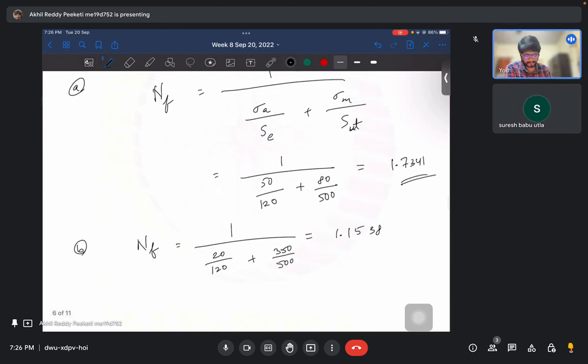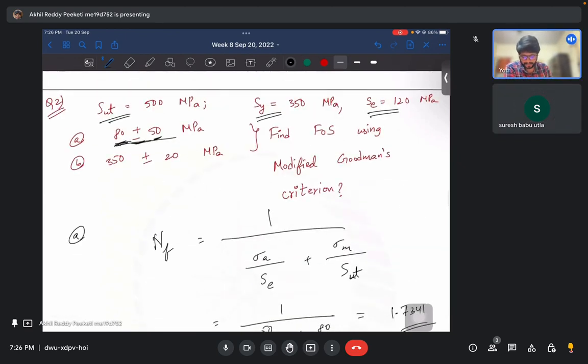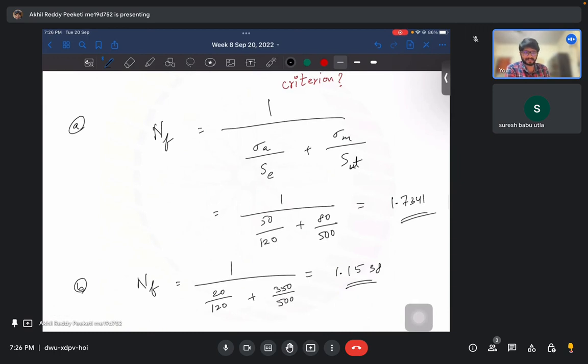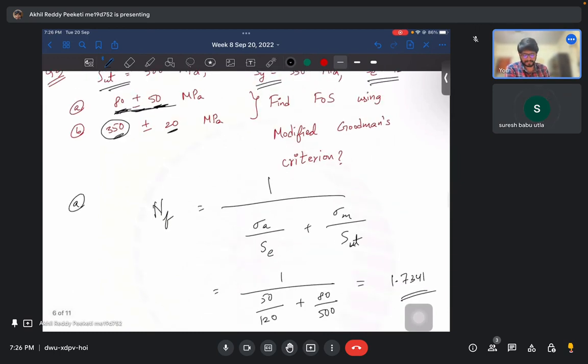So if you see these two, in case 1 to case 2, amplitude stress is actually less. But because mean has increased so much, the factor of safety has reduced.